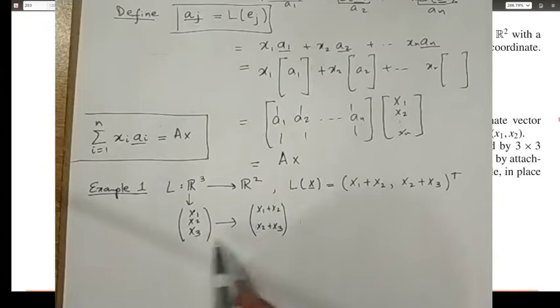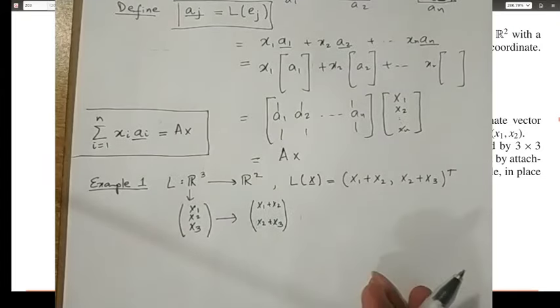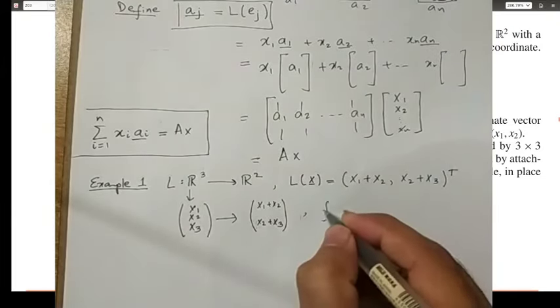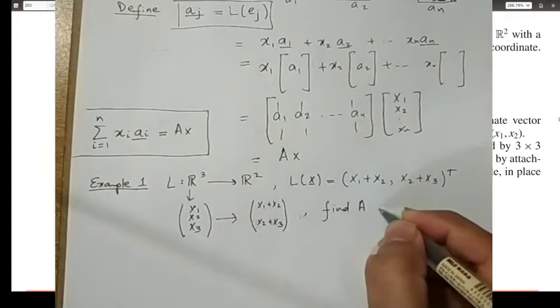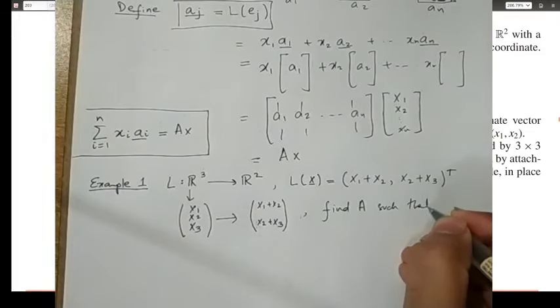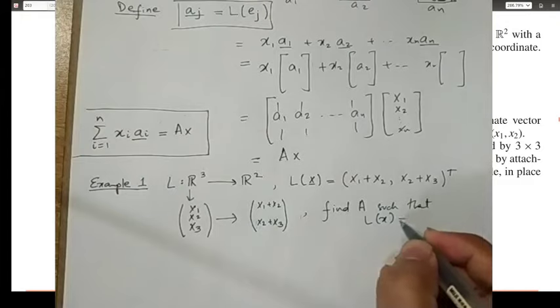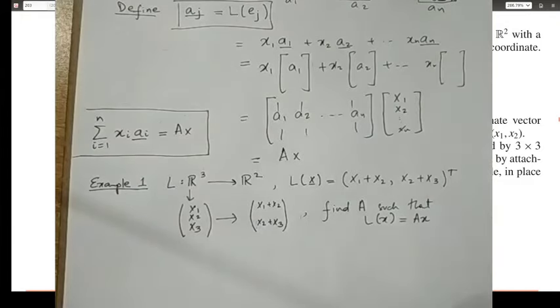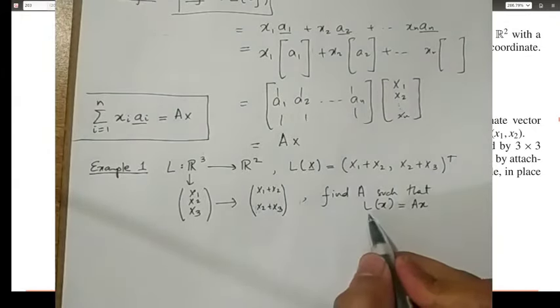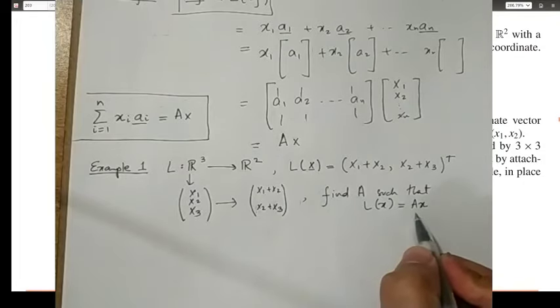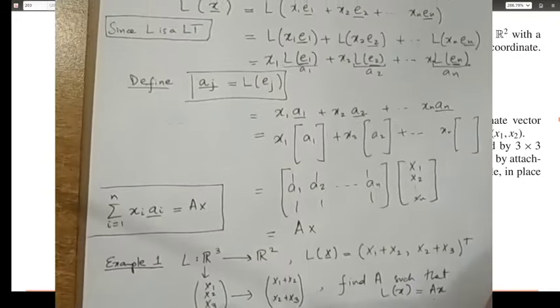Okay, so this 3 vector becomes a 2 vector. And the question is, again, find A such that Lx can just be written as A of x. So I want to convert this linear transformation into a matrix vector product. And to do that, we have the previous theorem.